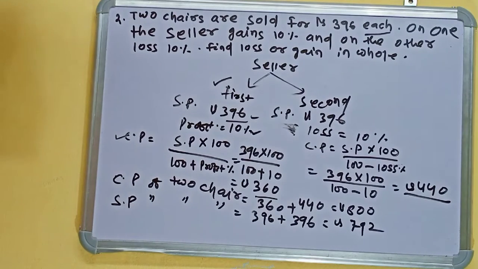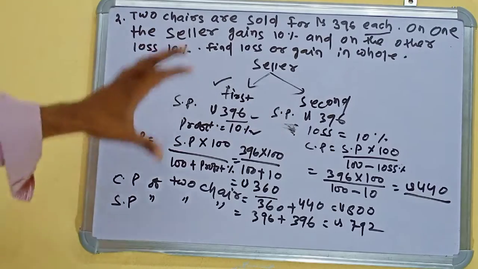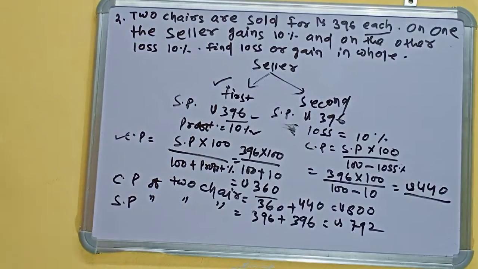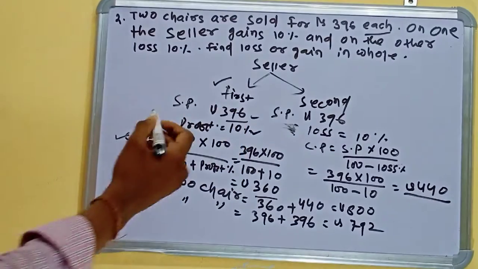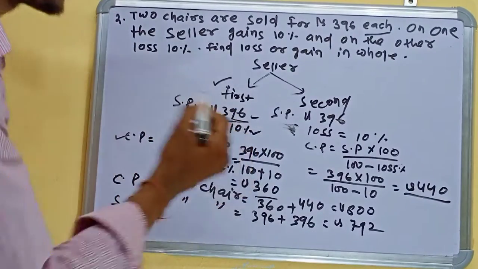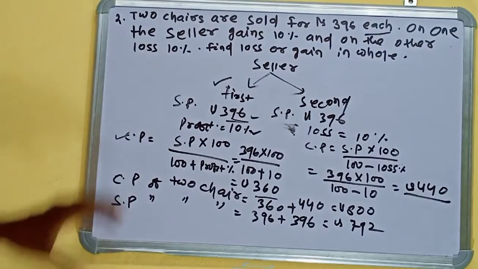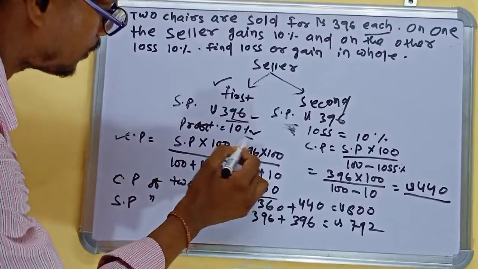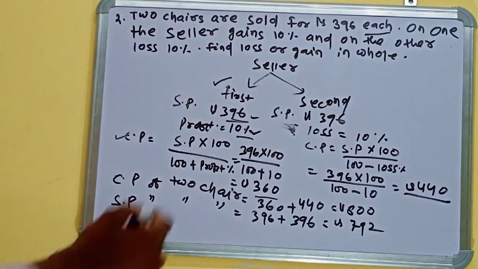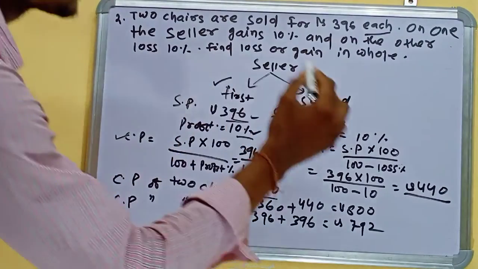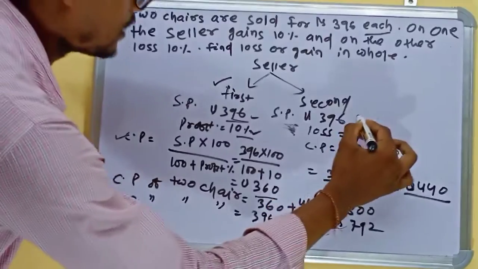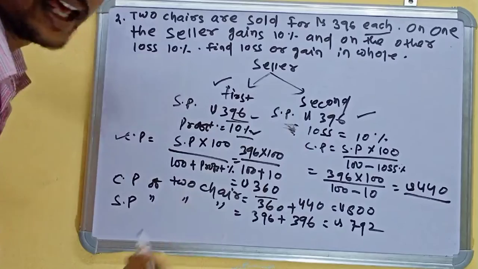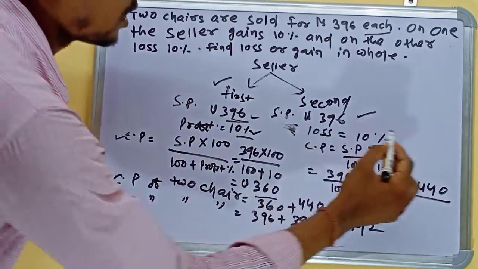Then overall, a seller sells two chairs. Each chair selling price is 396. The first chair sells for 396 and makes a profit of 10%, and the second chair selling price is 396 and faces a loss of 10%.